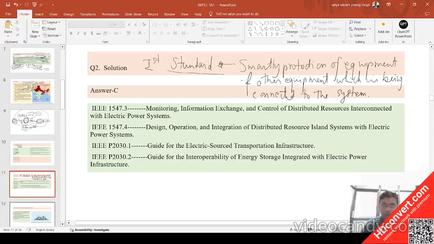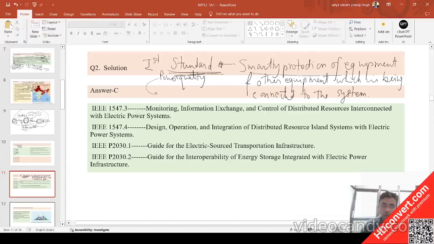It means that you need certain standards for the smooth protection of your equipment, and your equipment should not harm the other equipment also which is connected in your grid. For that purpose you need certain standards. Standard in what sense? In terms of power quality.